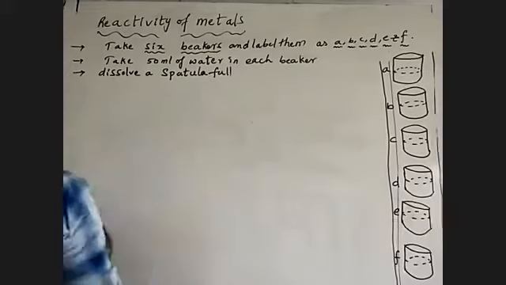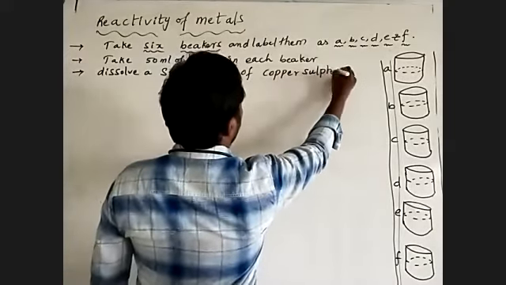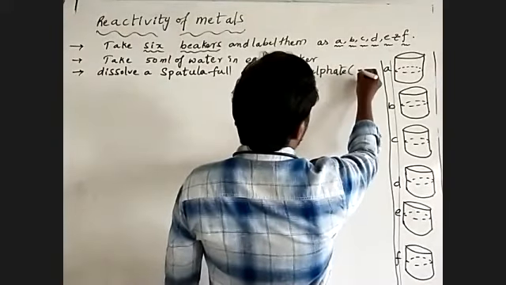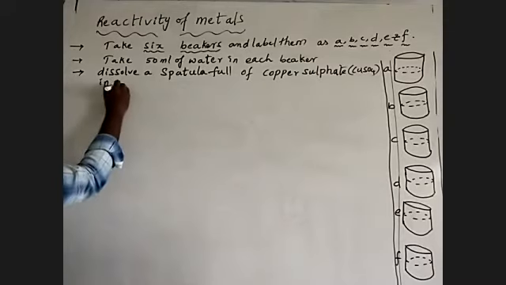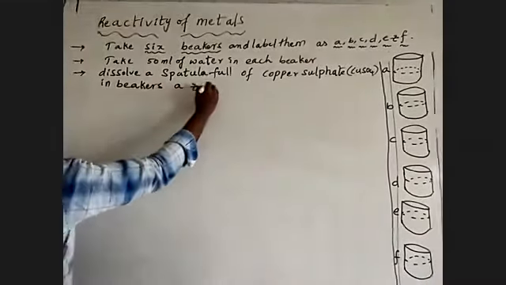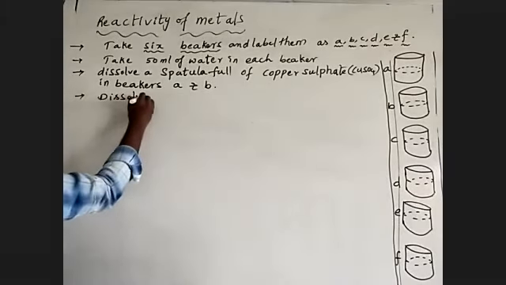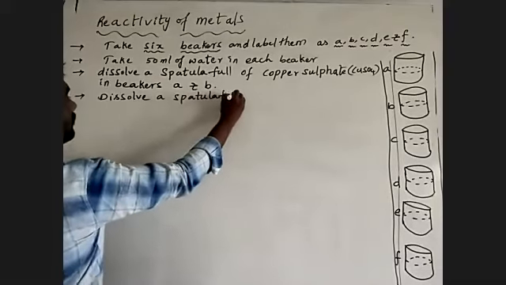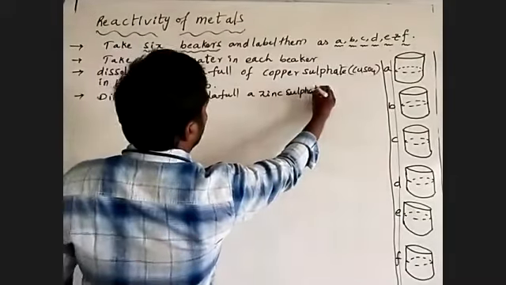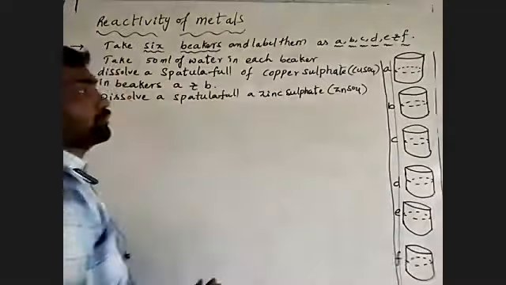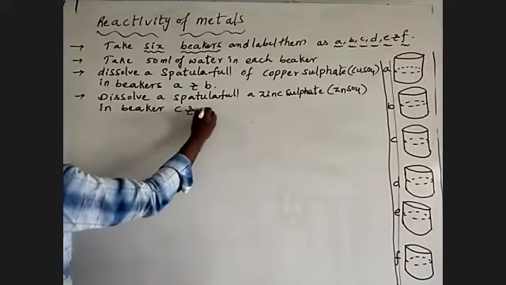So dissolve a spatula full of copper sulfate, CuSO4, in beakers A and B. Next, dissolve a spatula full of zinc sulfate, ZnSO4, in beakers C and D.